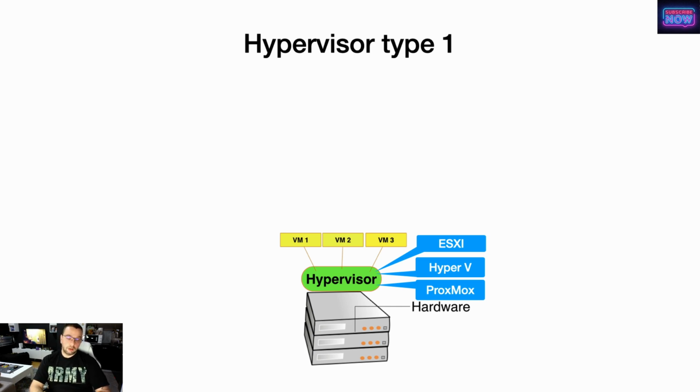Of course, Microsoft will charge you for the Windows virtual machines. If you run Windows virtual machines on top of this hardware, you're going to have to pay for the licenses for those machines, just like on physical machines. And there is Proxmox, which is totally free to use.